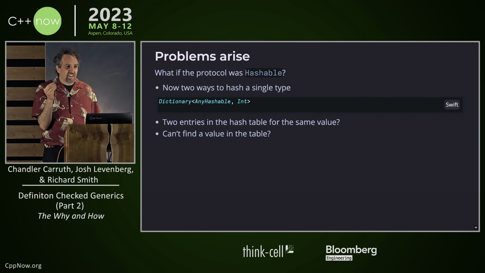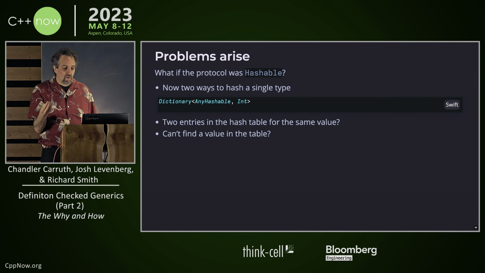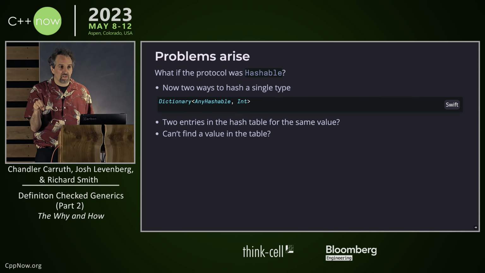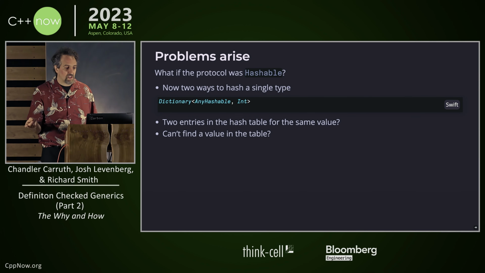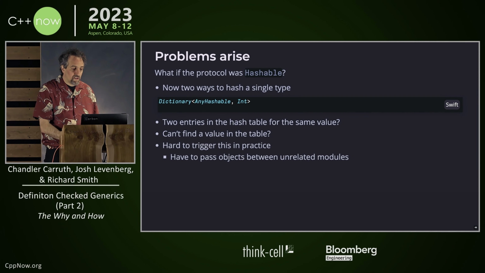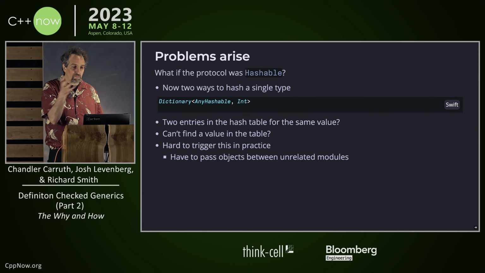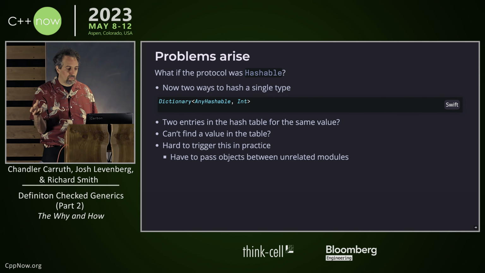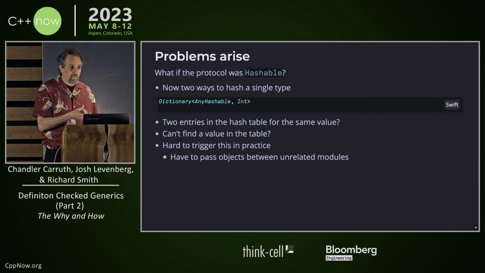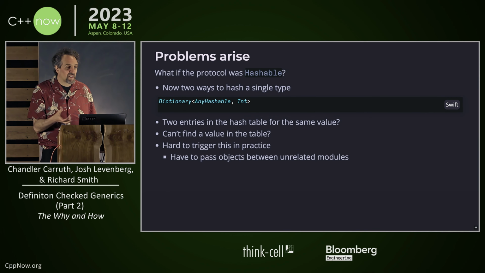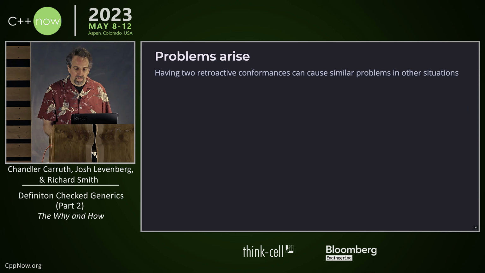You could end up in a situation where you have subtle bugs, where entries added by one module using one hashable implementation are not visible in another module using a different hashable implementation. Now, these problems are rare in practice. It involves passing objects between unrelated modules. But if you do run into this problem, it's going to be pretty surprising and maybe a little bit hard to debug.